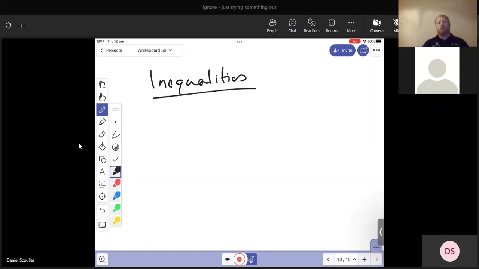Something called inequalities. This is when the equations that we're using aren't equal, so the left-hand side doesn't equal the right-hand side. Now that sounds quite weird. Every equation we've been using up until this point has been using this wee equal sign.